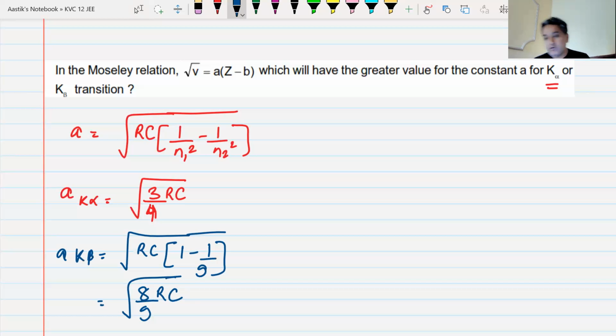Root over 3 by 4 or root over 8 by 9? Which is more? 3 by 4 is more or 8 by 9?